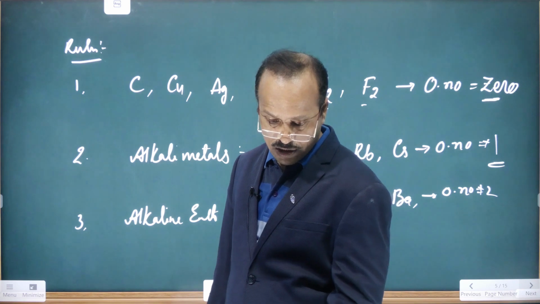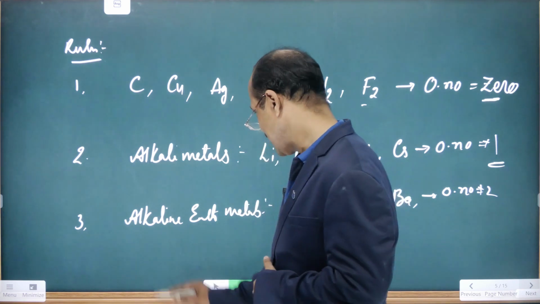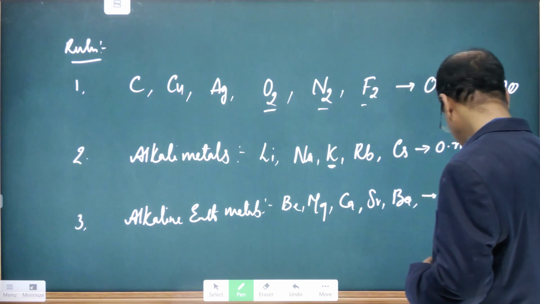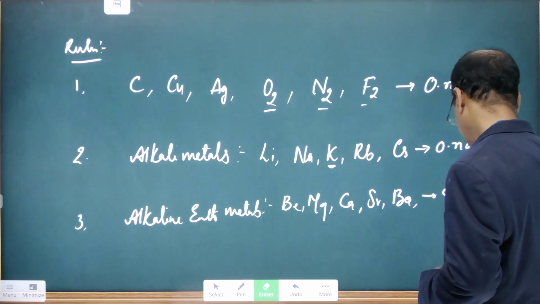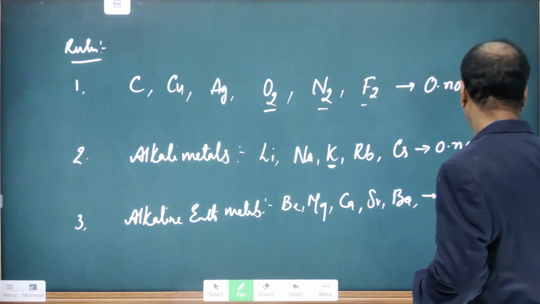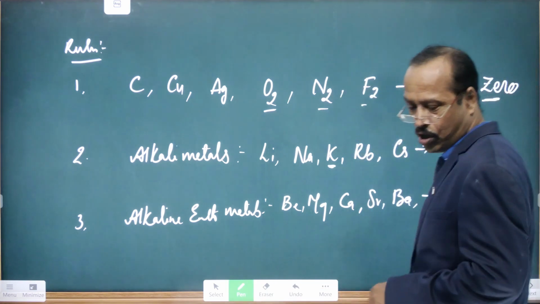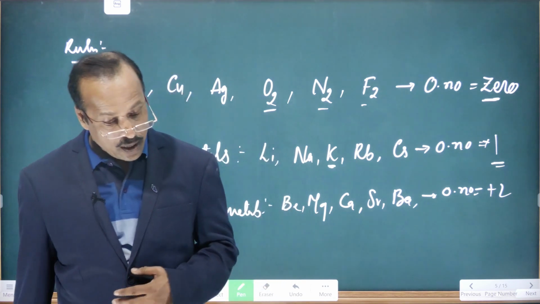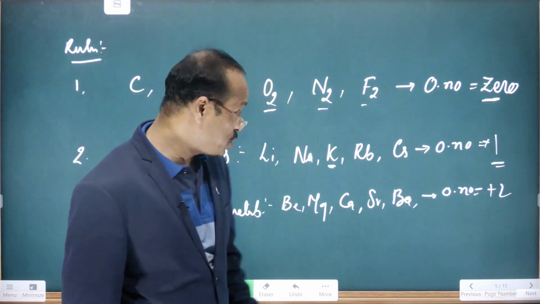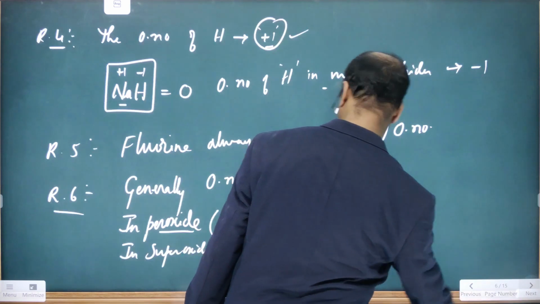The common oxidation state of alkaline earth metals. Alkaline earth metals is what? Plus 2. So the option is 2, the fourth one. The oxidation number of oxygen in superoxide.